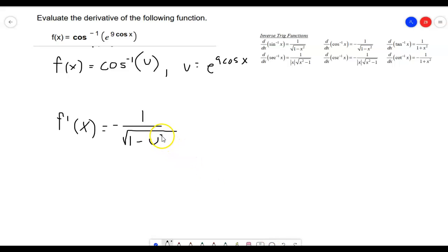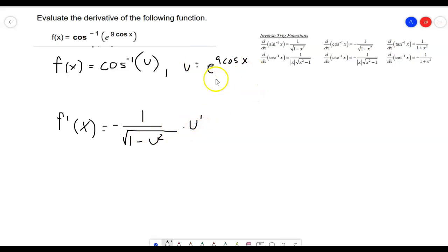I am not doing great today, am I? U squared times the derivative of u, right? So nice and easy. So it's this, and applying the chain rule, then we take the derivative of u.